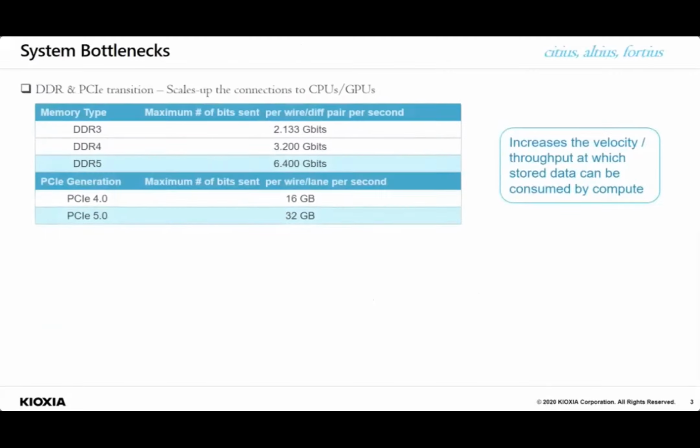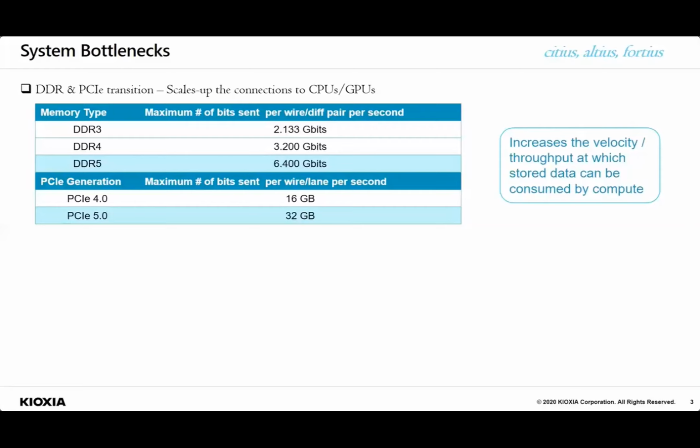The fifth version of DDR specification is now publicly announced by JEDEC and is expected to start appearing in the next generation of CPUs as early as next year. Similarly, the version 5.0 of PCIe, publicly released as of 2019, is also expected to show up in products within the next couple of years.